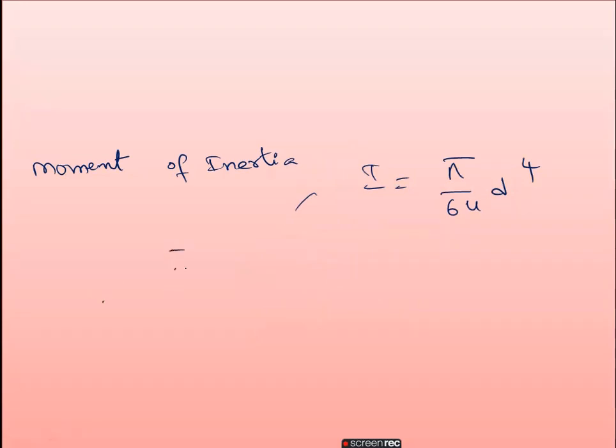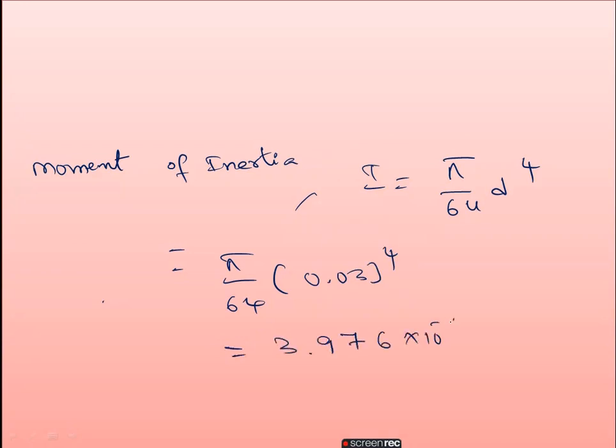We know d already, so pi by 64 into 0.03 whole power 4. Once you solve this, you will get 3.976 into 10 power minus 8 meter power 4. This is the moment of inertia. So now we have calculated the area as well as the moment of inertia.